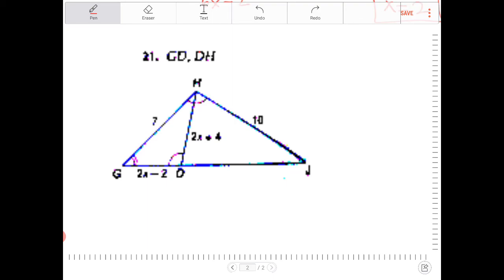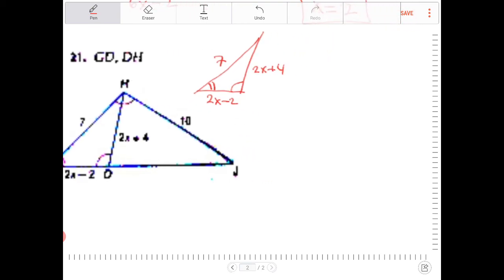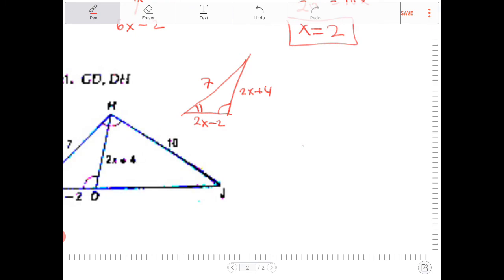Okay, so if that's the case, then I can say, I'm going to break this up. So this is 7, this is 2x minus 2, 2x plus 4, and the other big triangle, I want to draw it like so.